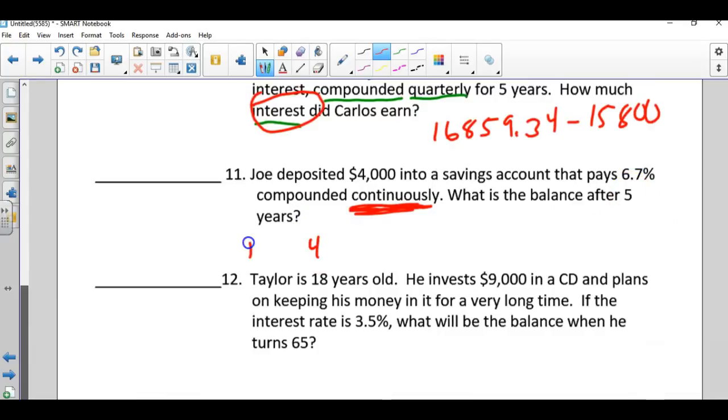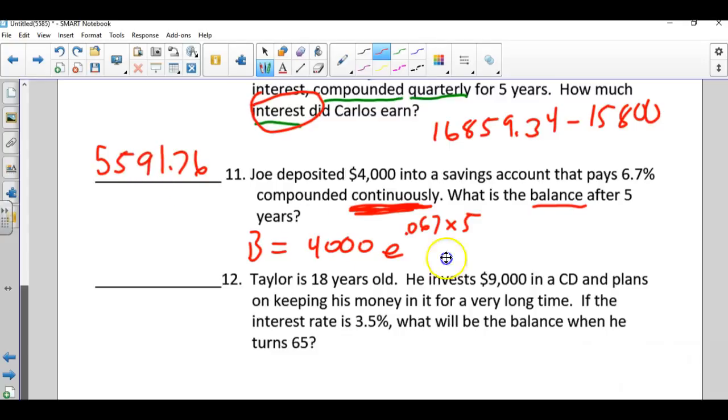Well, you have the balance equals 4,000, the principal, times e raised to the rate, 0.067, times 5, and it asks again, what's the balance? So this one, you're just going to do it. 4,000 times e raised to the 0.067 times 5, and that gives us $5,591.76.